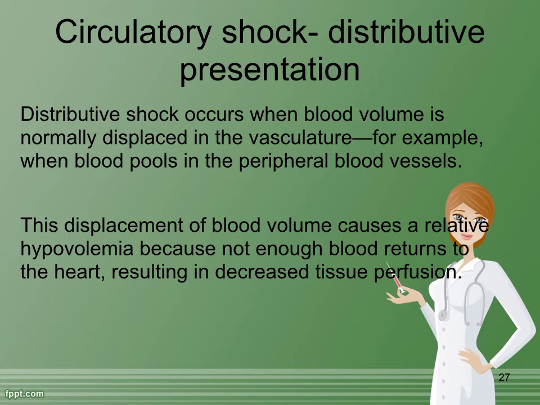Now, vasodilation increases the size of the vascular system. If circulating volume remains the same, the effect will be lower blood pressure. So when vasodilation is happening, it increases the size of the vascular system, and if the circulating blood volume within that vascular space is the same, the effect will be low blood pressure.